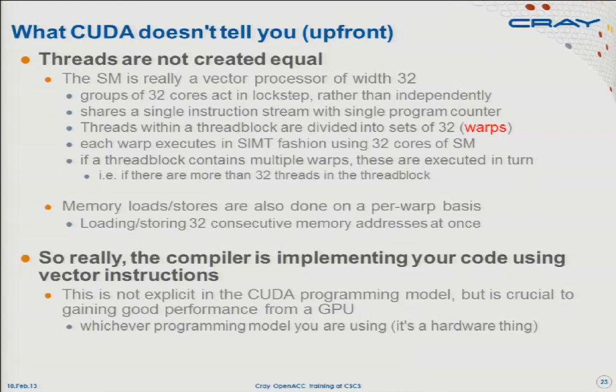So all of this memory access is being done as chunks as well. So again, that's another vector part to this. So you shouldn't think about individual threads. You should really think about groups of 32 threads called warps. This isn't explicit when you write CUDA, but if you want to get good performance in CUDA, you have to be aware of it. And the same is true with OpenACC, because it's the same hardware.